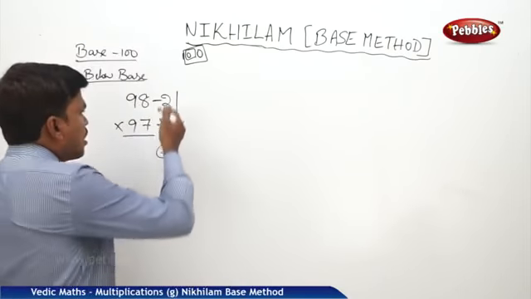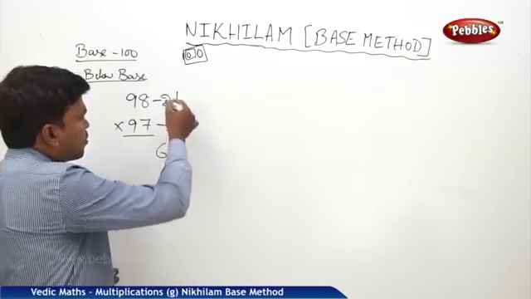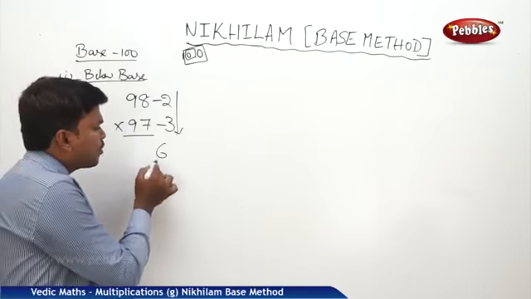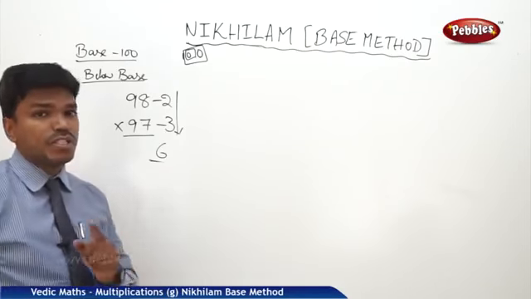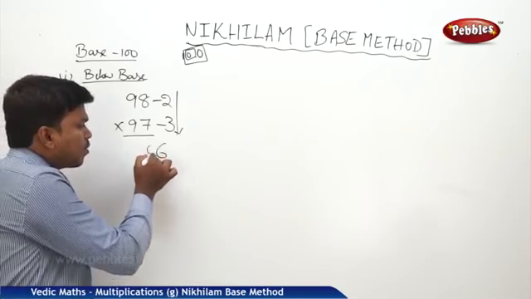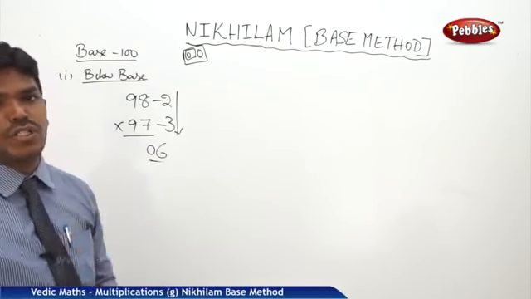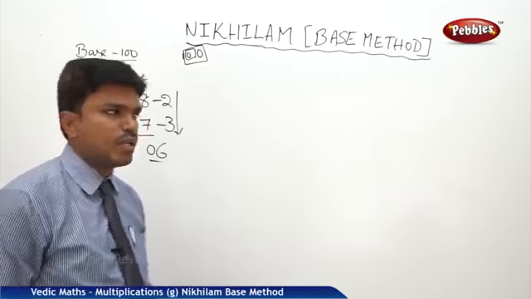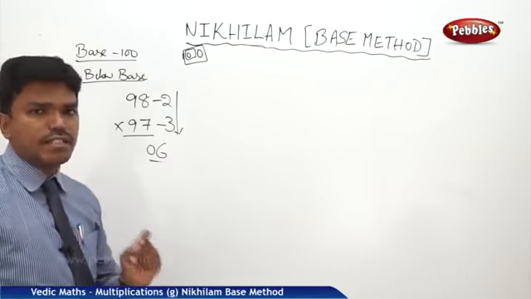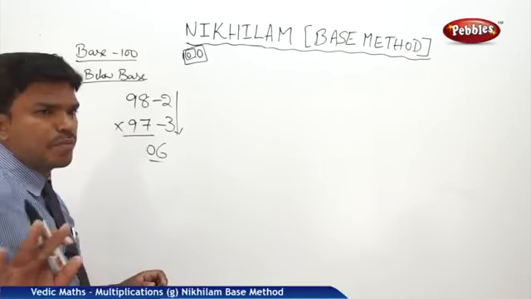Now you tell me, minus into minus plus, 2 3s are 6. But what I said, there should be 2 digits here. That means one more digit is blank. Now I need to put 0 to cover that 2 digit place. Yes or no? Now the right side part of the answer consists of 2 digits. Now the problem is solved.